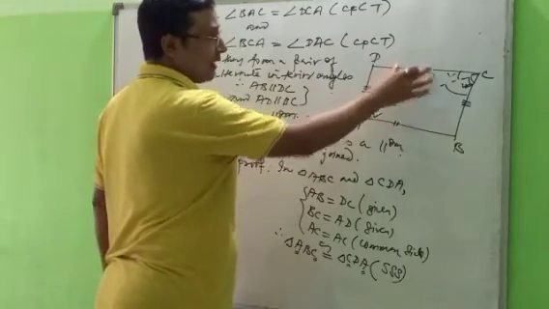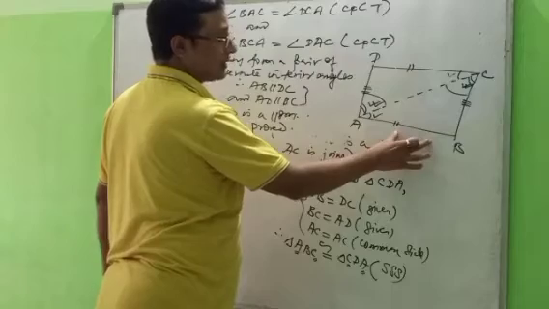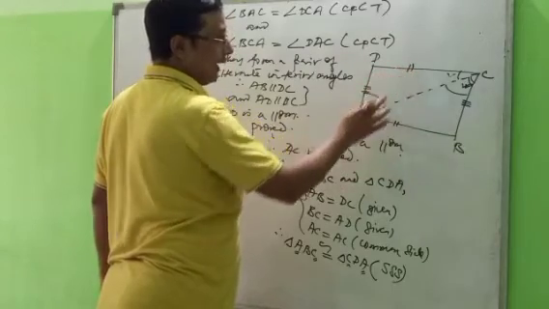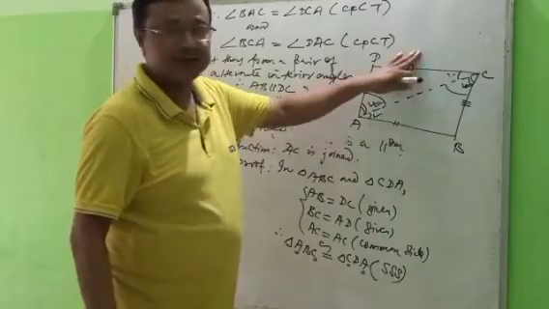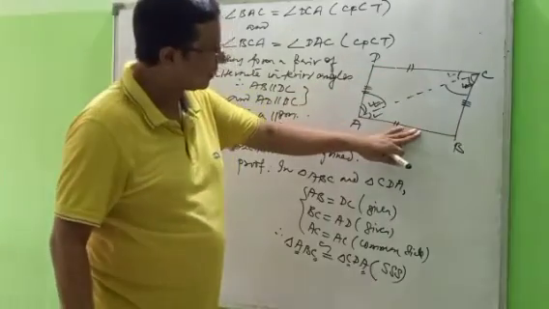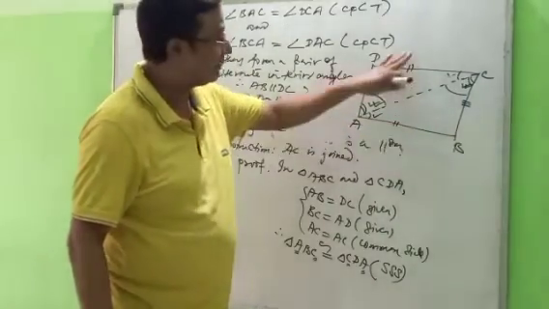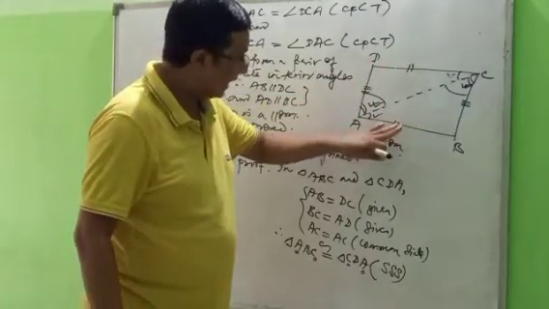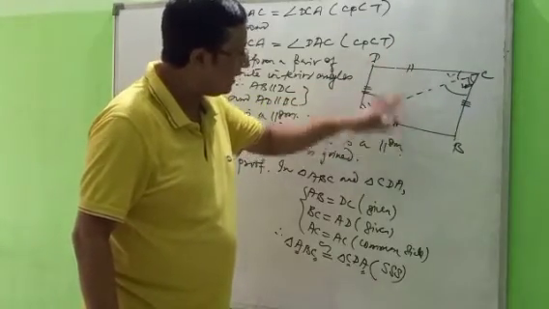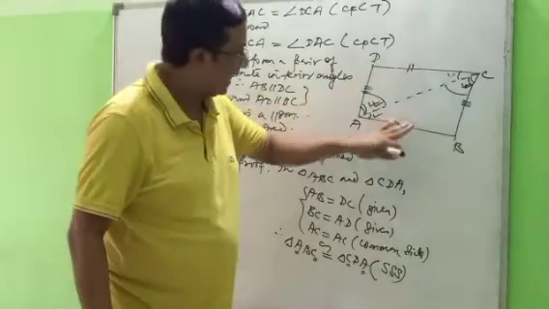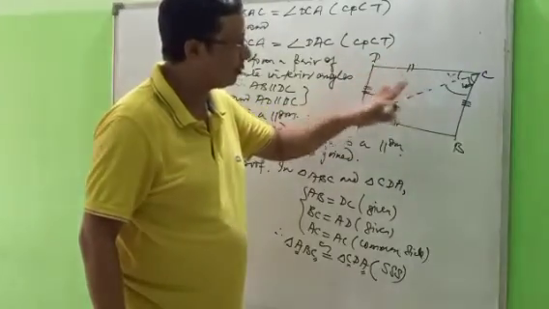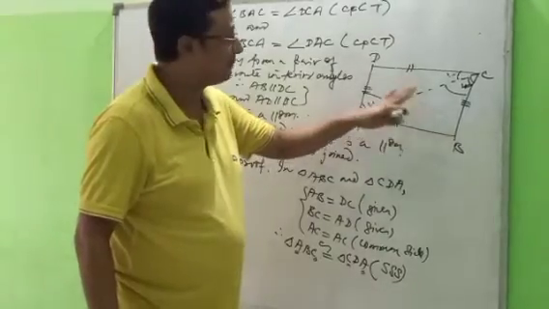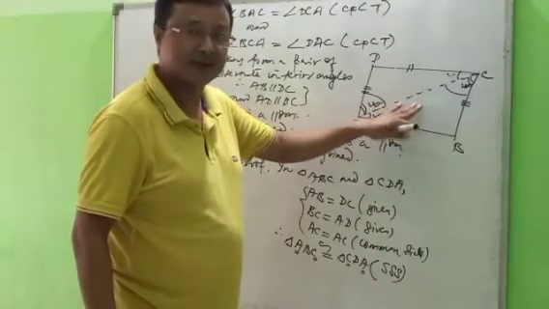You take at least one pair of opposite sides, let us take this pair AB and DC. So if at least one pair of opposite sides of the quadrilateral is equal and parallel, which means AB equals DC and AB is also parallel to DC, in that case also the quadrilateral will be called a parallelogram. So that is the third condition.